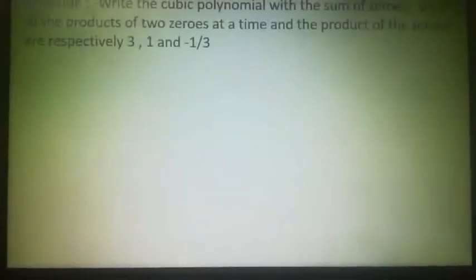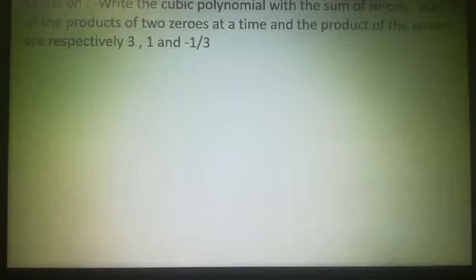Okay. Now another question. For a cubic polynomial, how to form the cubic polynomial when you have the three relations you have studied: alpha plus beta plus gamma, alpha beta plus beta gamma plus alpha gamma, and the product of the three zeros alpha beta gamma.